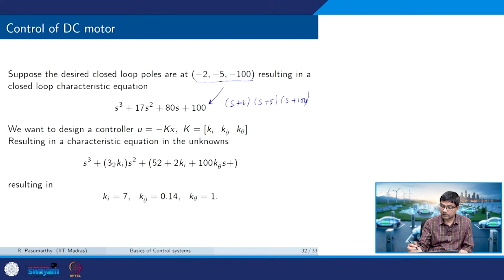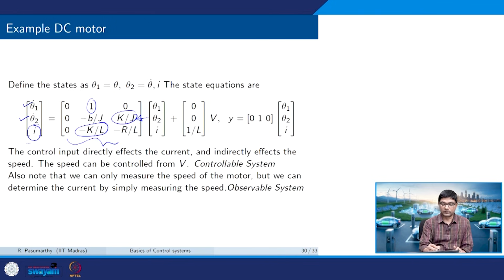So, we want to design a control which will have 3 gains corresponding to the current, the angular velocity and the angular position. Again, I just compute the two characteristic equations, compute their coefficients and end up with values of the corresponding gains of the control law to place the poles at arbitrary locations, which will drive my system to a desired current, a desired speed, and also in some cases I may not be really worried about controlling the position, right?